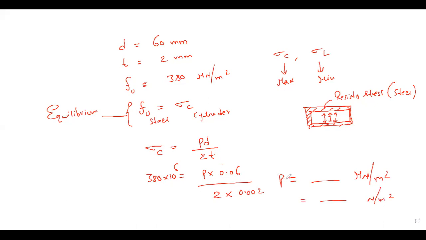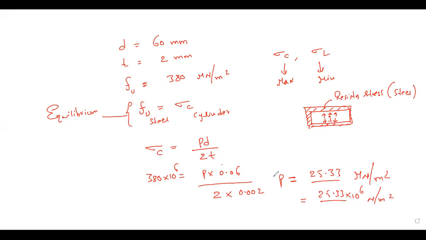So what is the internal pressure which is acting in the cylinder to have a resisting stress of 380 meganewton per meter square? 25.33 into 10 to the power of 6 Newton per meter square. You can write 25.33 meganewton, or you can also write 25.33 into 10 power 6 Newton per meter square, right?